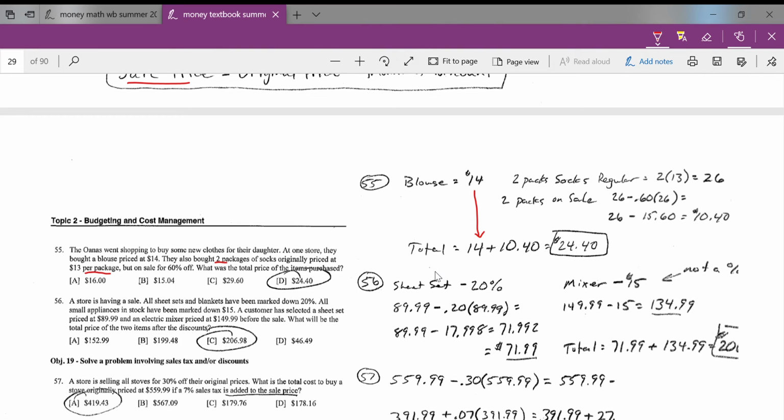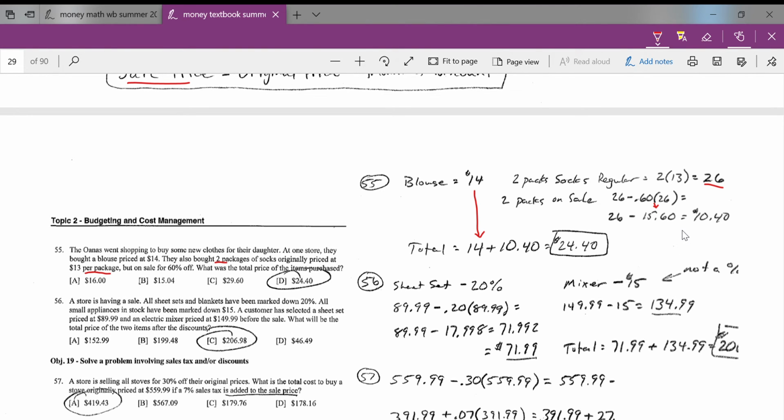Okay. Now the socks. First thing, 2 packs at $13 a piece, regular price. So regular price are going to cost $26. Okay. Now they are 60% off. So you move the decimal twice. It's 0.60. So we have the regular price minus the discount. The discount is 0.60 times the regular price, 26. That gives you this $15.60 here. That's how much the discount is.